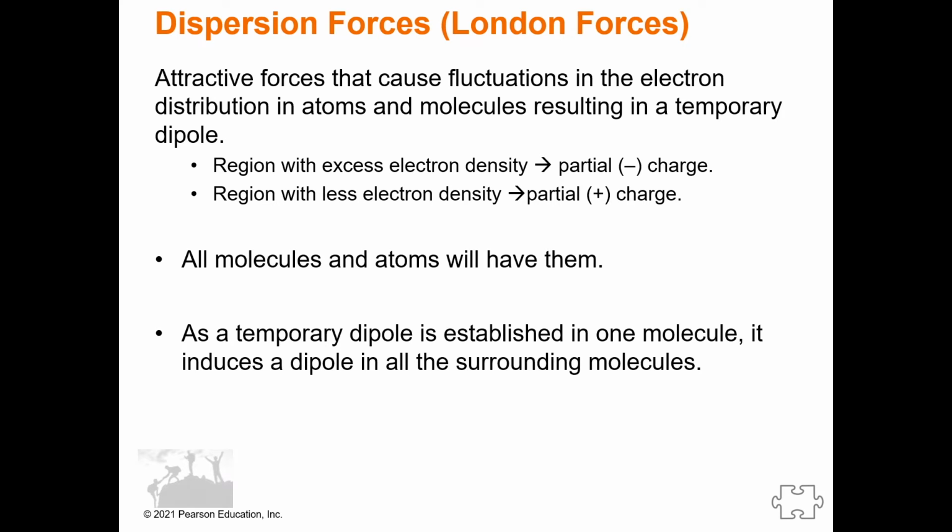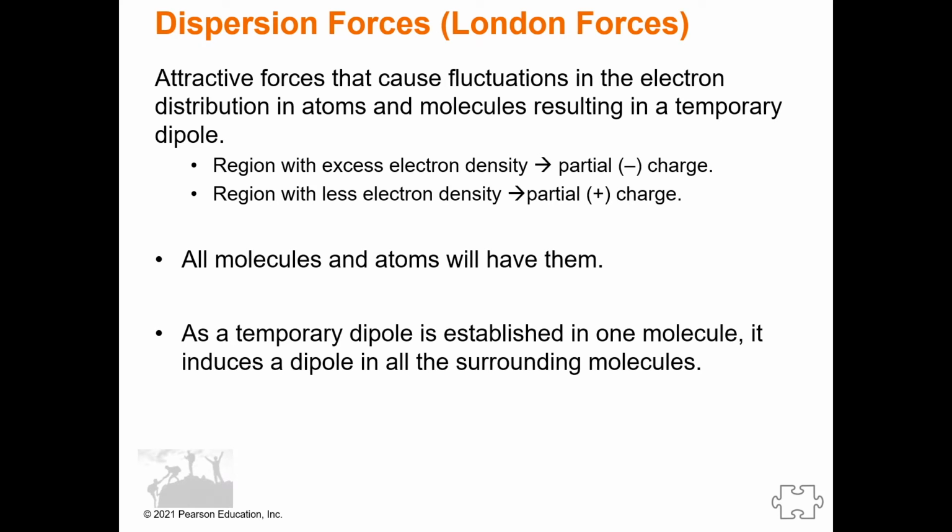And these types of forces can be seen in all molecules. So whether they're nonpolar, polar, or ionic, they all exhibit dispersion forces. Okay, but for us to understand this force better, we're mainly going to look at nonpolar molecules.